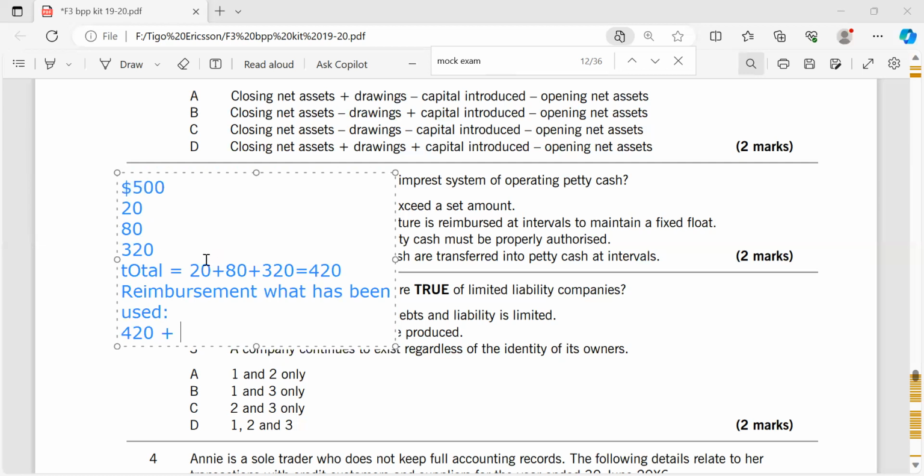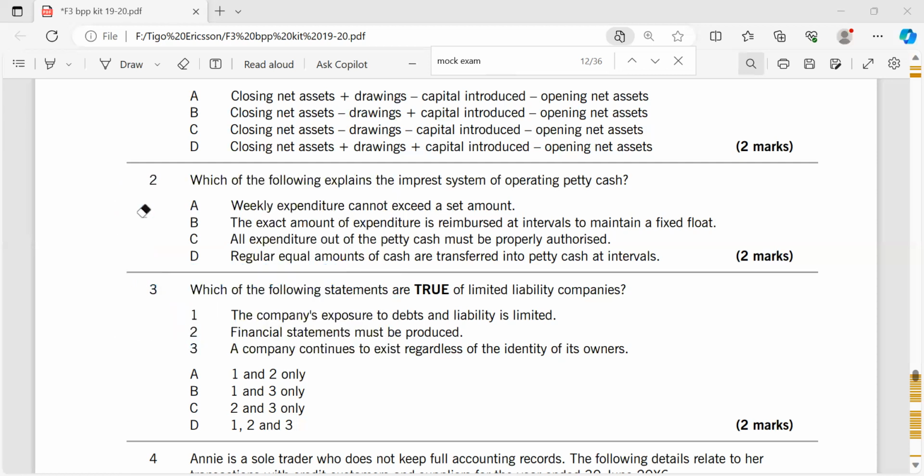Remember that we used 420, but we had 500, so 80 was still in our pocket. If you add 420 to that 80, you have back your 500. And so it is a system that makes sure that our balance remains as originally intended. You get that? So actually that's the aim.